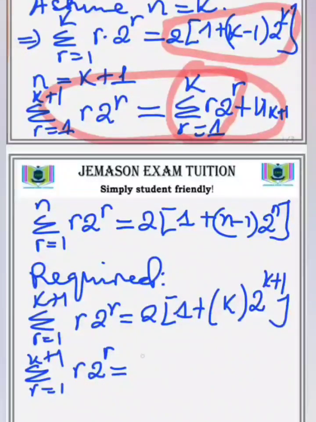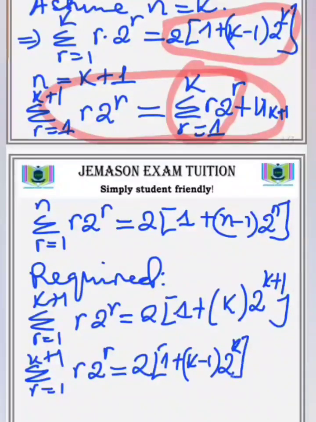So bringing the statement, then I should have 2 into 1 plus k minus 1 times 2 to the k plus u(k+1). And to have u(k+1), I simply come to the summand and replace every r by k plus 1, so that I get k plus 1 times 2 to the k plus 1.